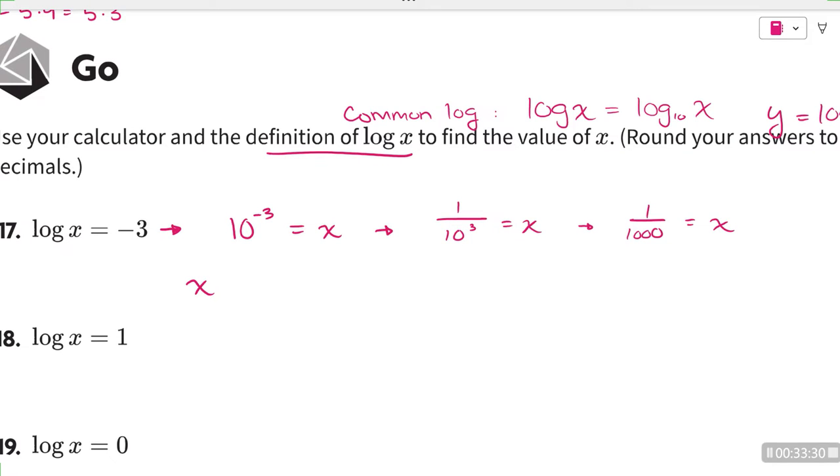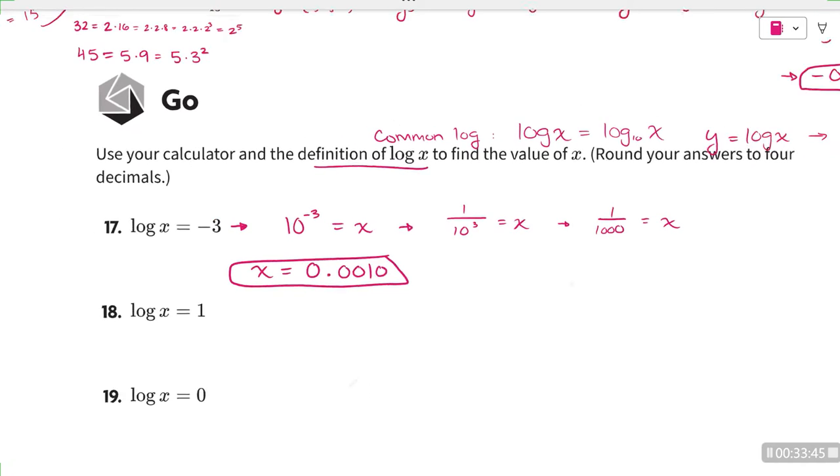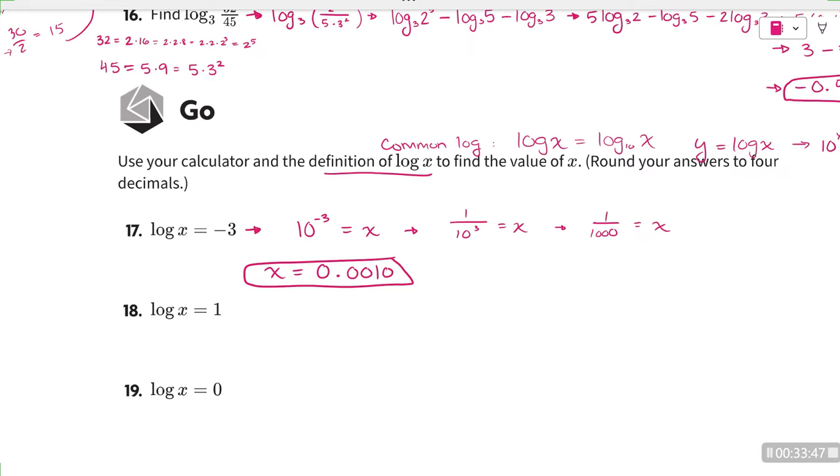I'll write my final answer on the line below: 0.001. Now it does say round to 4 decimal places, so just to follow directions, I'll throw another 0 at the end there. You can always add zeros at the end. Okay, so there is our first one.